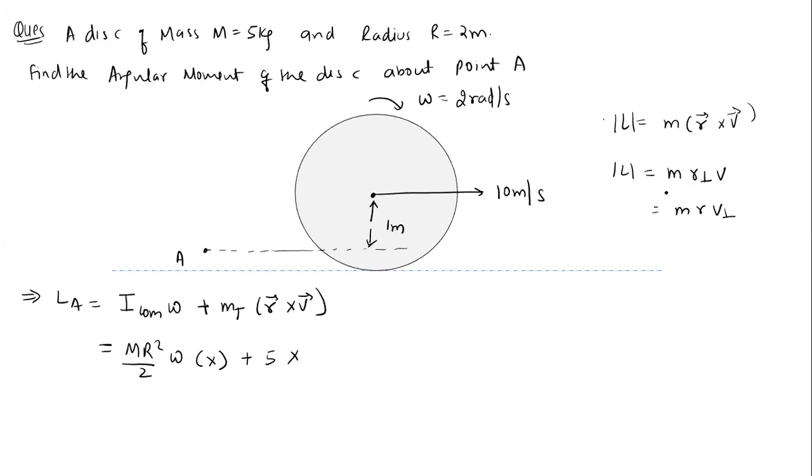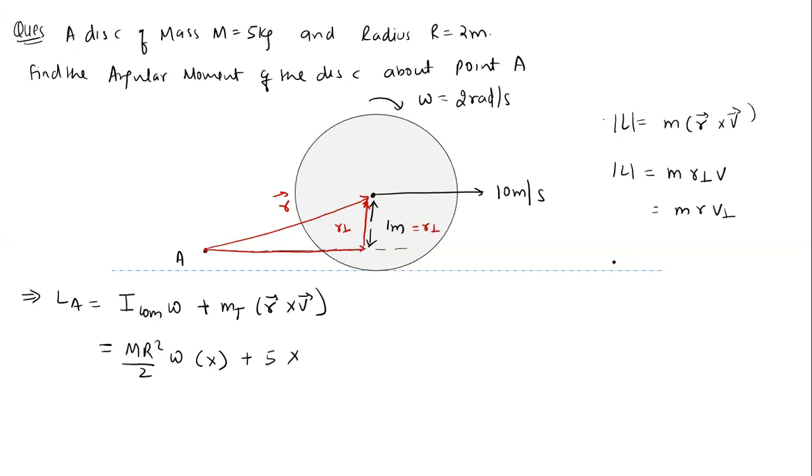Either way we can write this angular momentum. Now if you draw the r vector here, it will have the tail at point A and head towards the center. This r will have two components. Which component is perpendicular to the velocity? This one is perpendicular to the velocity. And what is the magnitude of that r perpendicular? That is 1 meter.